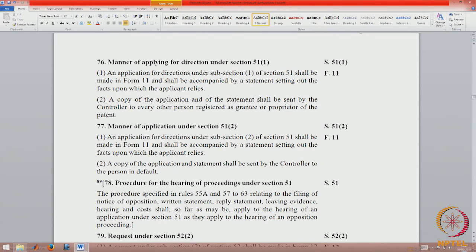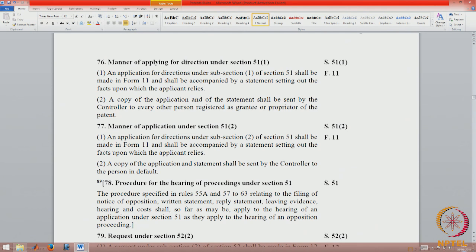In the earlier case, it will be sent to all the co-owners. In the latter case, it will only be sent to the person in default. We also saw that there is a hearing under subsection 3, and the hearing is governed by Rule 78.